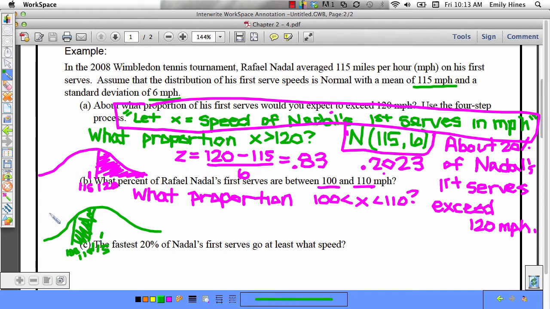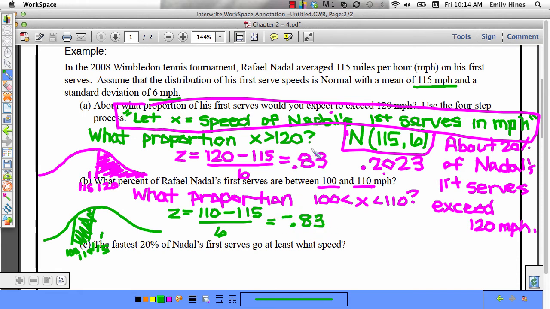If I were to do this on table A, I would transform them both to z-scores, which I need to do anyway just to show that I know what I'm doing. So 110 minus 115 over 6 gives me a z-score of negative 0.83.